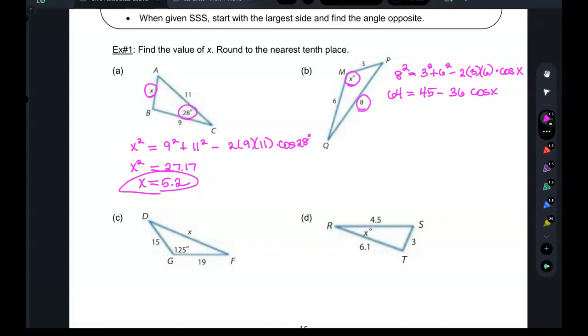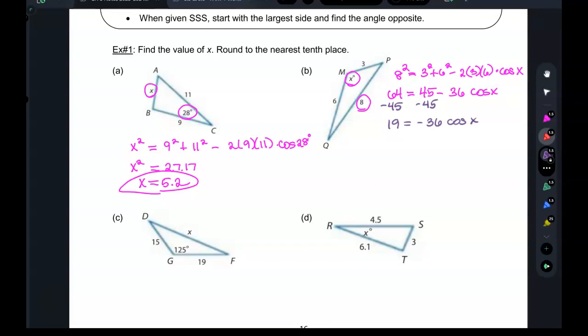I want to be careful. Do not subtract 45 and 36 because these two are attached. Order of operations says I have to subtract the 45 first. So 64 minus 45 is 19.